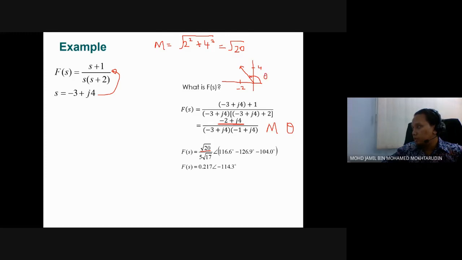So it's here. This angle theta equals 90 plus tan inverse of 4 over 2, and it also equals 180 minus tan inverse of 2 over 4. So you will get this value.